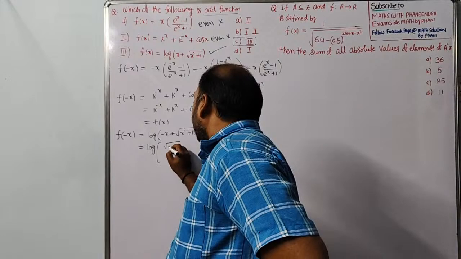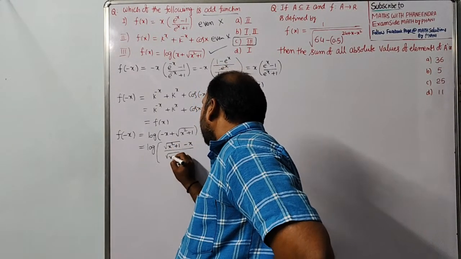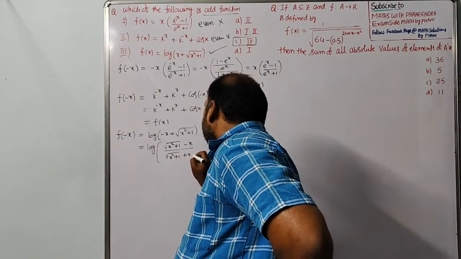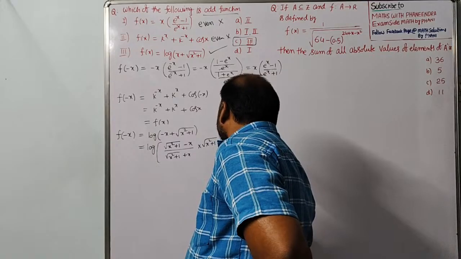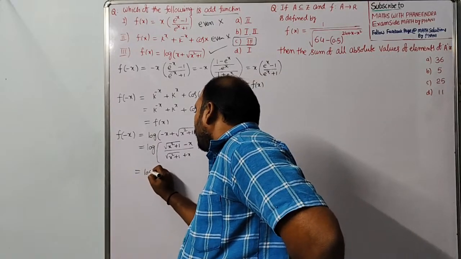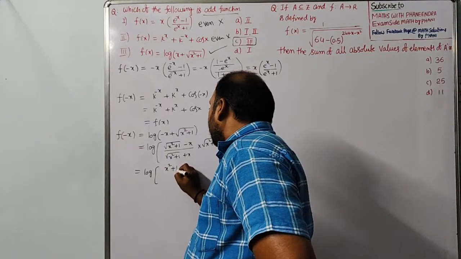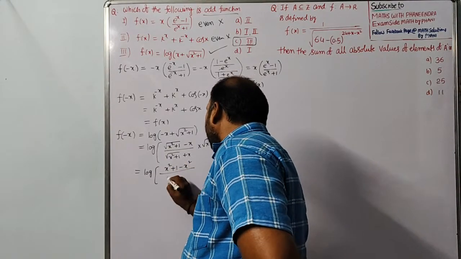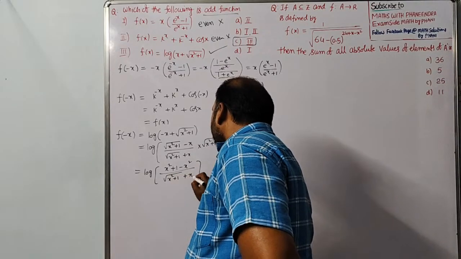(Root of x square plus 1 minus x) by (root of x square plus 1 plus x), into (root of x square plus 1 plus x). So log of, using (a + b)(a - b), (x square plus 1 minus x square) divided by (root of x square plus 1 plus x).